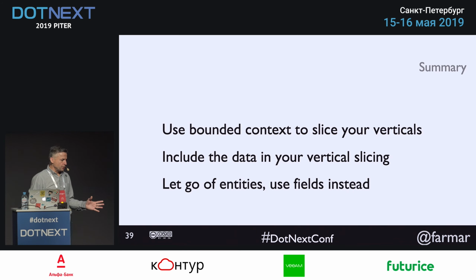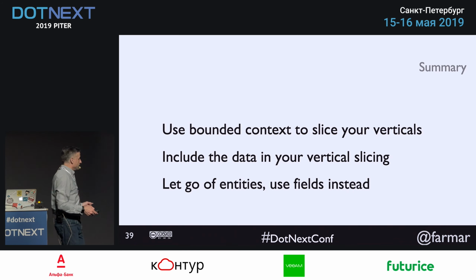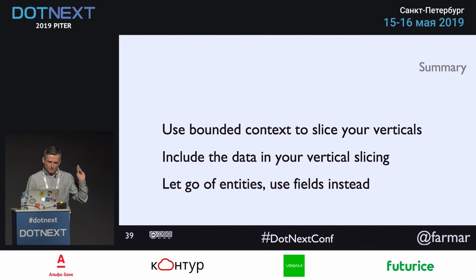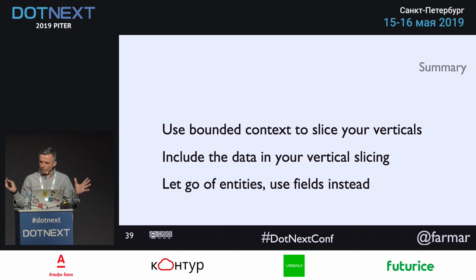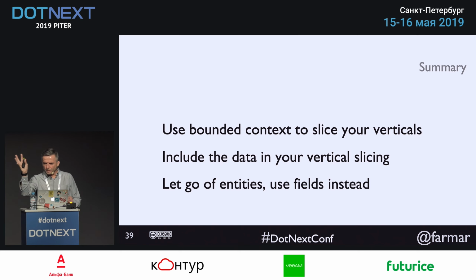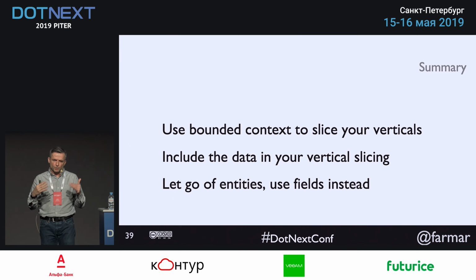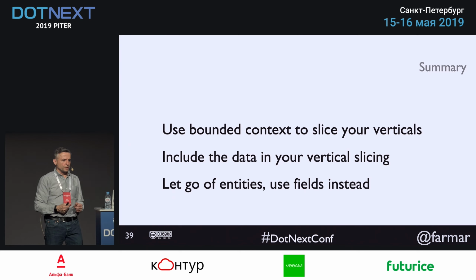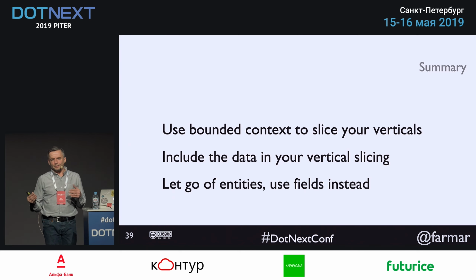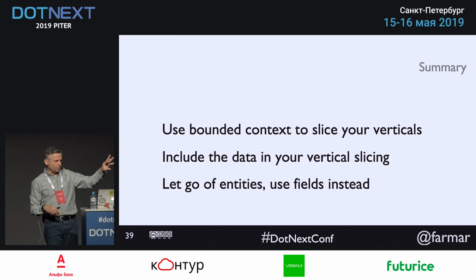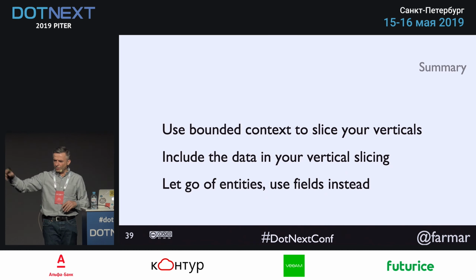So the only message I want to kind of reiterate here is that one of the basic things here is to let go of entities, yeah? To just let go of the concept that a user is this one thing in your system. A user, once you distribute your system based on bounded context, will end up being this, 2 fields over here, 2 fields over there, 3 fields over there, this one other thing over there.